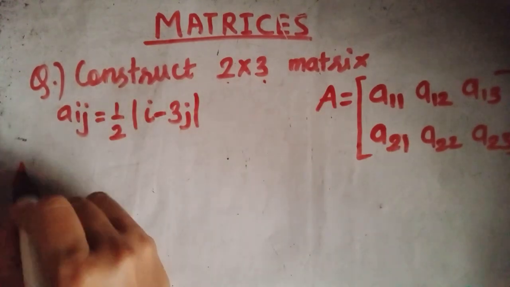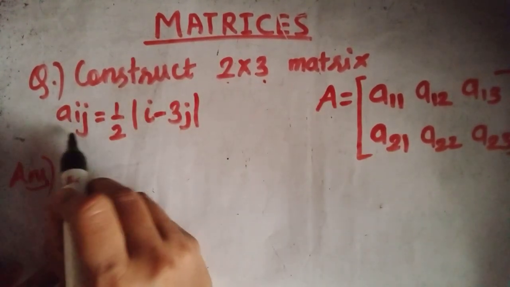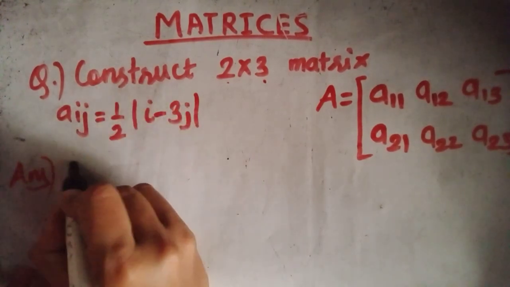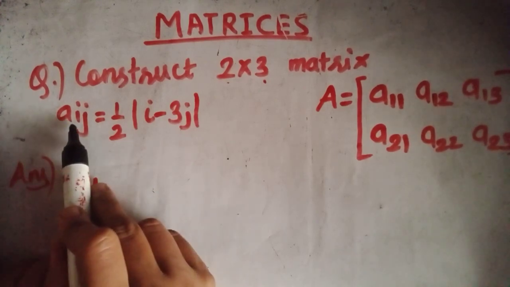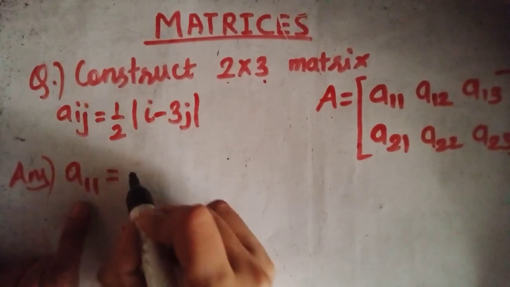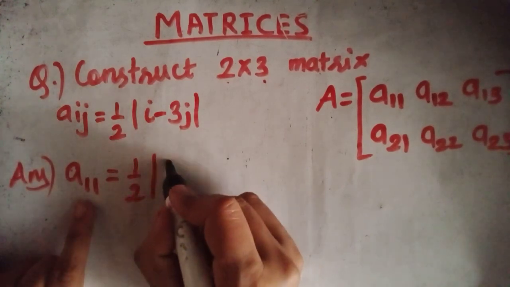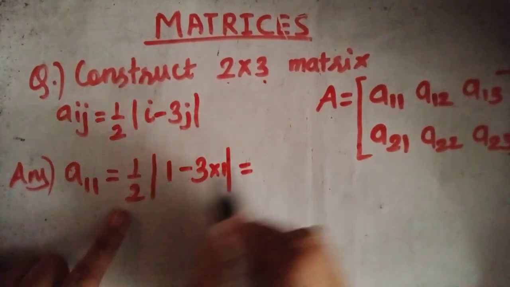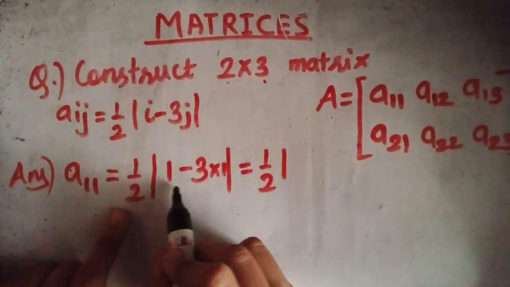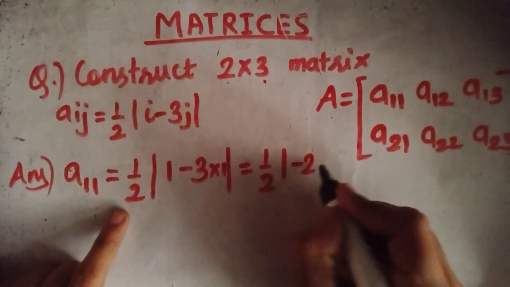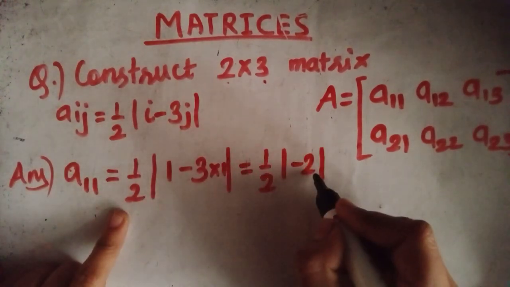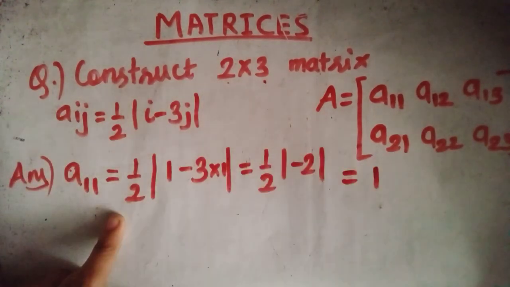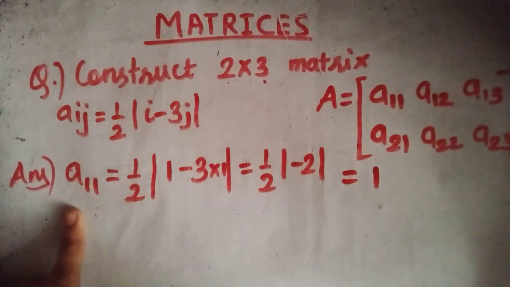Now let us find one element. Aij is defined as half mod of i minus 3j. So A11, where i is 1 and j is 1: put the values, 1 minus 3 into 1. So this will be half mod of 1 minus 3, which is minus 2. The minus 2 comes out of the mod and becomes positive, and then gets cancelled with the half. So our A11 is 1.